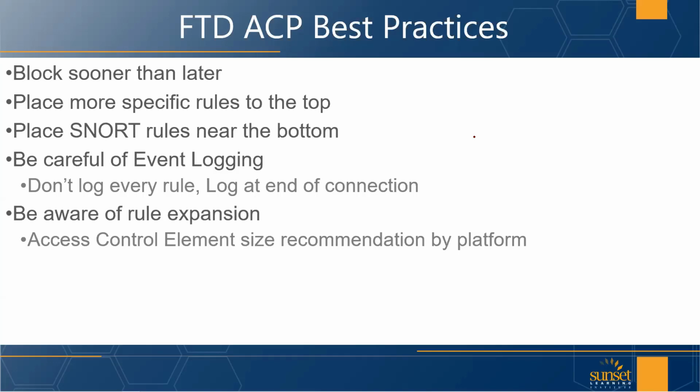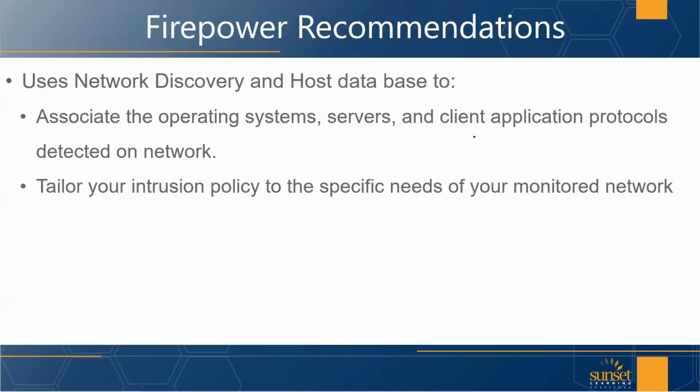So what ended up happening is I have 100 lines of code for 20 elements. And I'm like, oops, that's rule expansion. So we have to be careful about that. And then recommendations, again, we've talked about that. Your host discovery, associate your operating systems and so forth to find out what applications and protocols we're running.